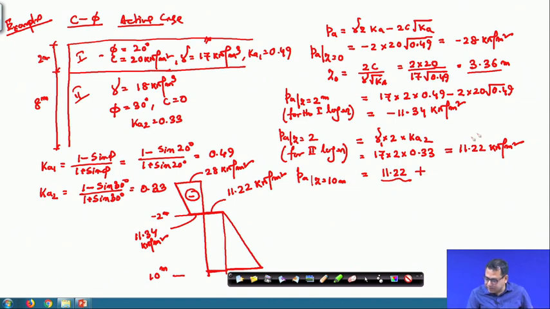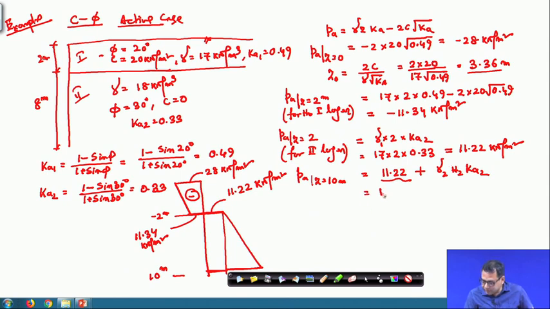So, this is the same as this rectangle. So, the additional one will be gamma 2 H2 into KA2, because it is phi soil.